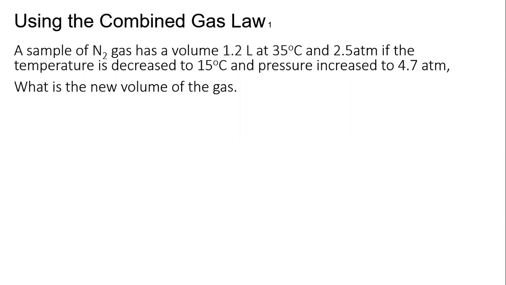So here you'll notice that volume, temperature, and pressure are all changing. So this is a good indication that you have to use the combined gas law. If only 2 variables are changing, that's going to be an individual gas law. And so we'll set up our table again.